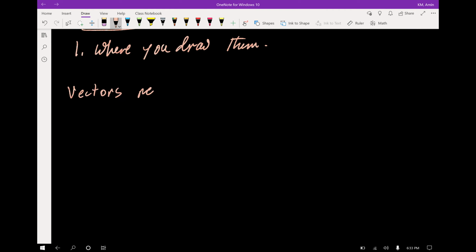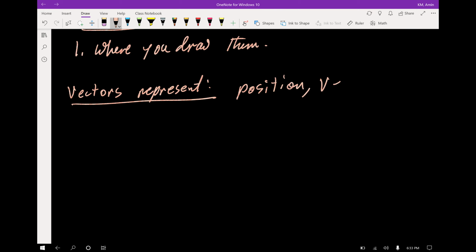Vectors represent position, velocity, acceleration. I have a lot of MEs over here, right? You guys are going to be doing a lot of this, depending on what field you go into. At a higher level, depending on what you do, you'll use a program to do it.